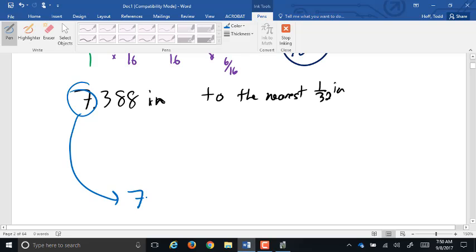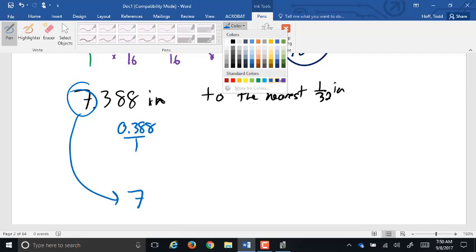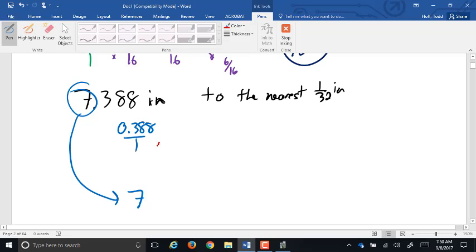Well, the part in front of the decimal point is a whole number. We don't worry about it. It's just the 0.388 over 1, and then times 32.